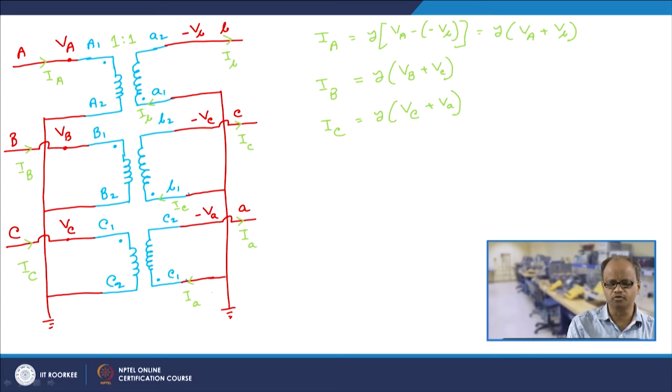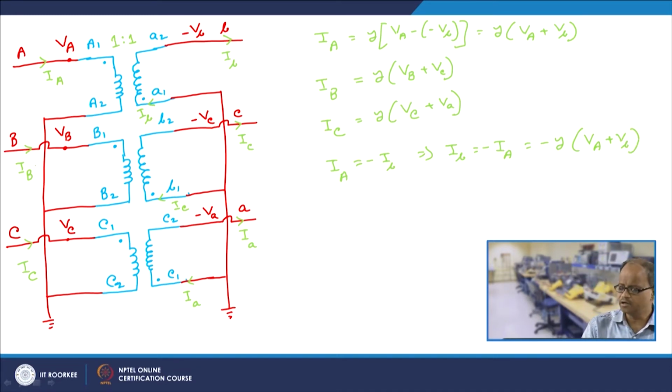So this current and this current would be out of phase with each other. So I can write that I capital A is equal to minus IB, or I can say that IB is equal to minus IA, and minus IA means minus of Y into (VA plus VB), right.